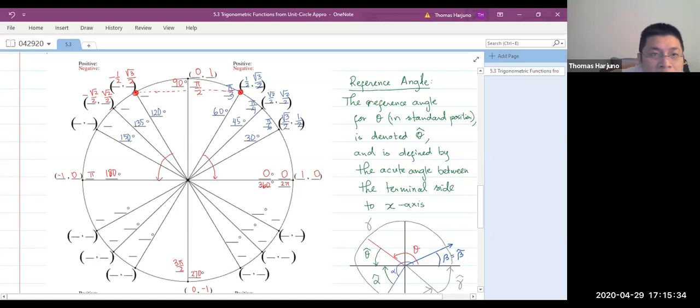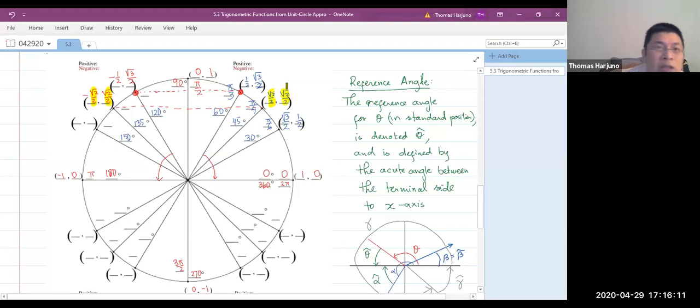I have to connect this guy with this guy, because 135 degrees has the same reference angle as 45 degrees. So the numbers in the coordinate must be the same. And if they differ, they will differ on the plus minus sign only.